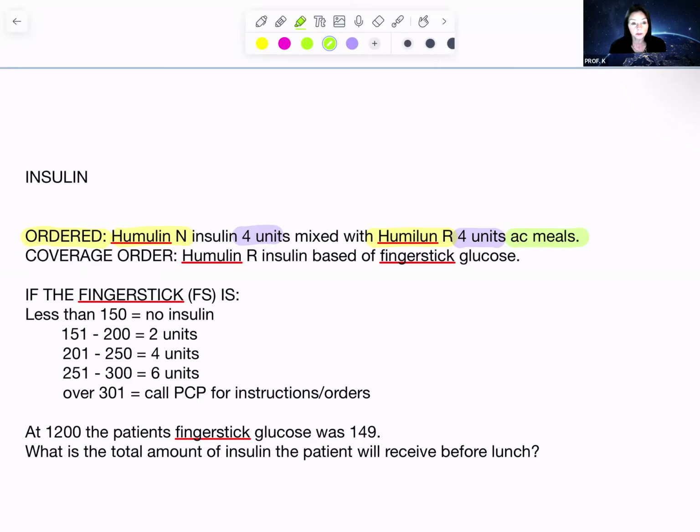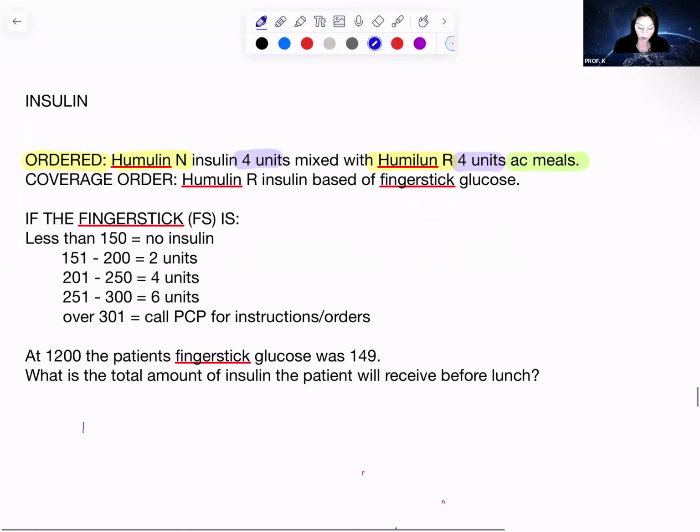That's why understanding abbreviations and how they're used in questions is so important. That's why you have to read everything, especially doctor's orders. So I'm giving Humulin N 4 units, and mixing it with Humulin R 4 units before meals.